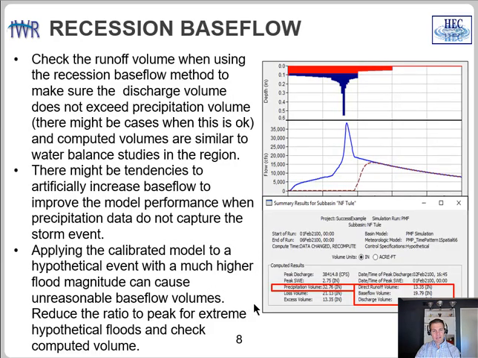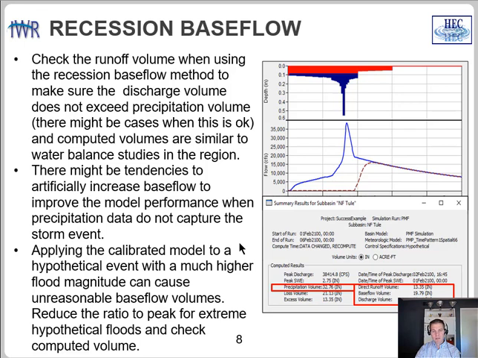And then finally on this slide, this is really important for the recession baseflow method. Again, the recession baseflow method does not conserve mass. So the program does not take into account any of the water that is lost due to infiltration or storage in the soil. With the recession baseflow method, it is strictly a curve fitting type of approach. So the program is going to find that trigger flow or that threshold flow and then turn on some recession curve.